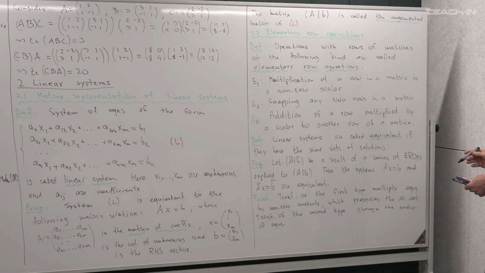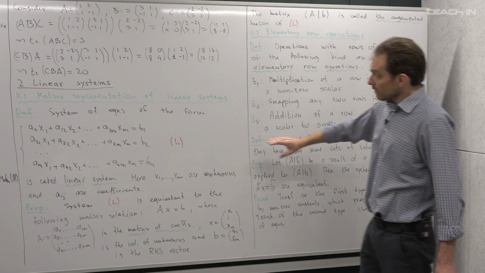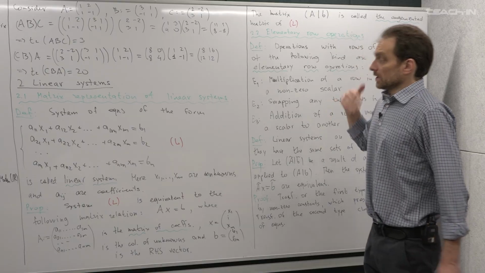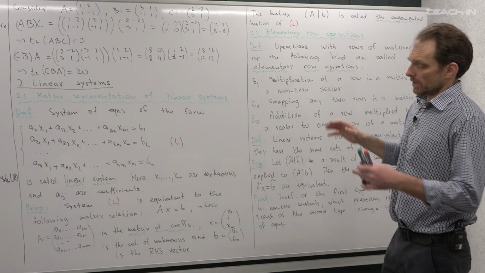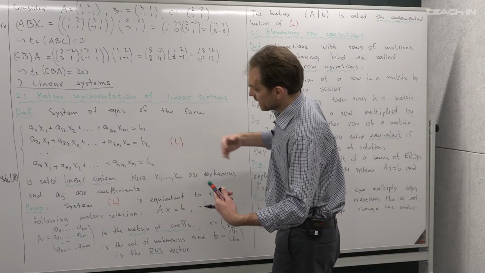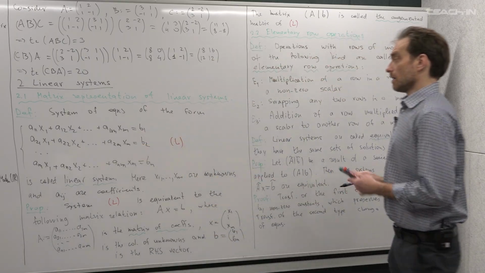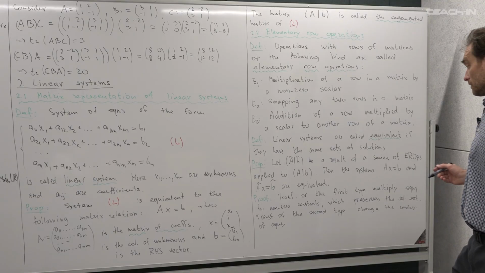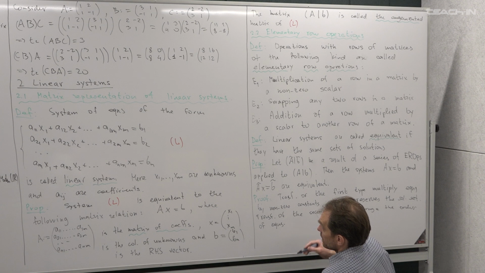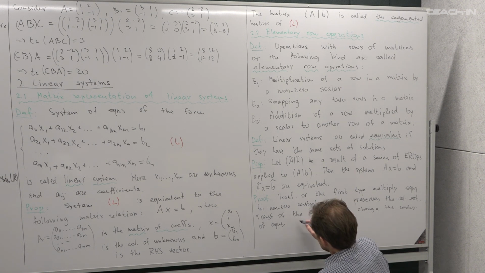And what about the third type? So here we take a row of the augmented matrix multiplied by a constant and add it to some other row of our augmented matrix. So in this case, we also get the equation that is equivalent to the previous one.